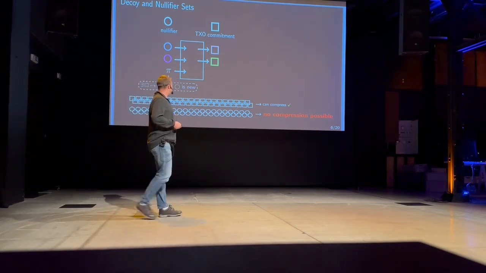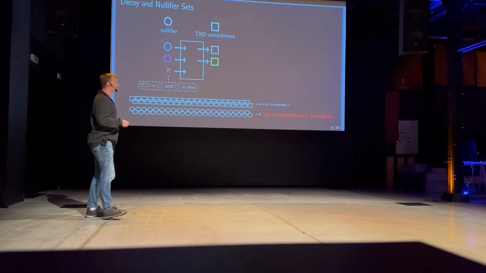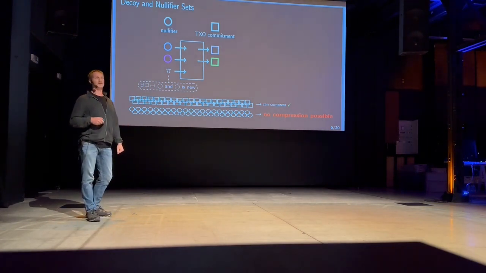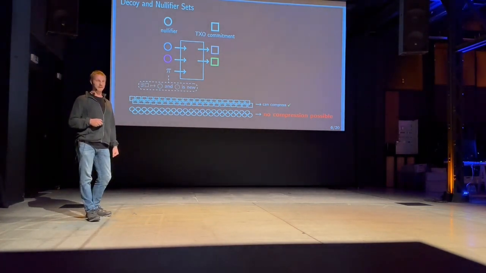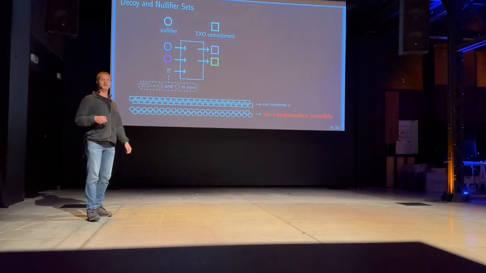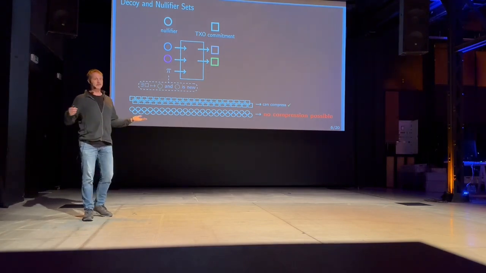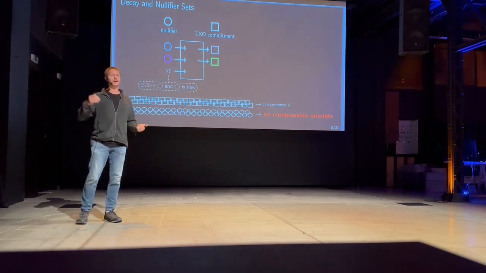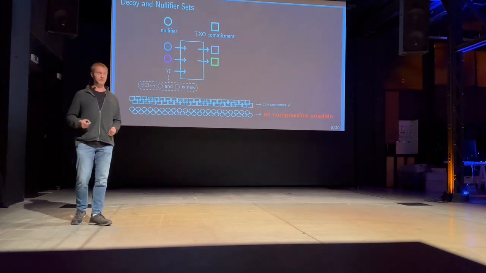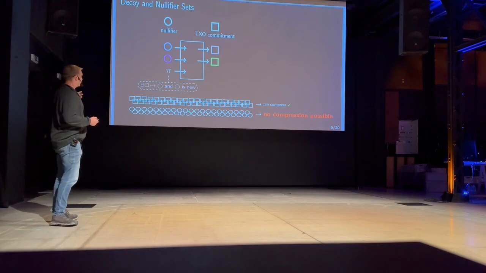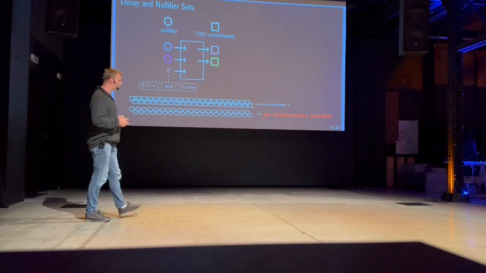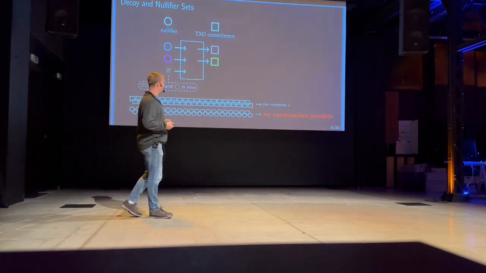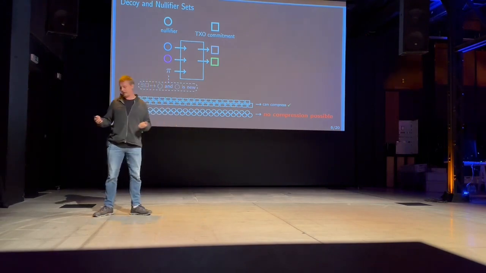That's not too difficult. But the entire list of published nullifiers keeps on growing indefinitely. You cannot compress it, you cannot truncate it. There's nothing you can do except store the entire thing, and by the way, it keeps on growing forever. This is why we don't like decoy and nullifier set solutions. We say they don't scale.